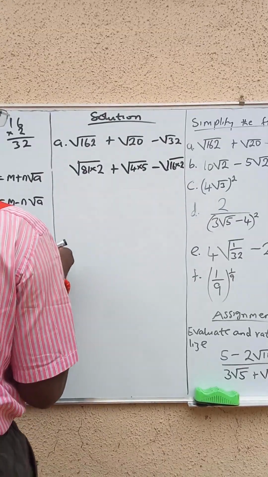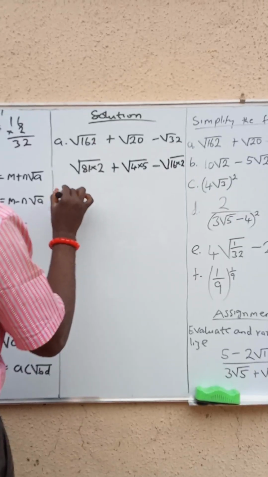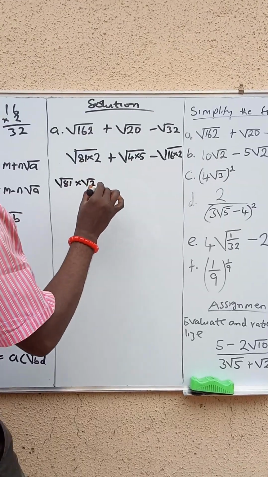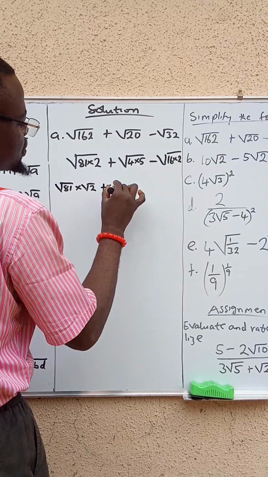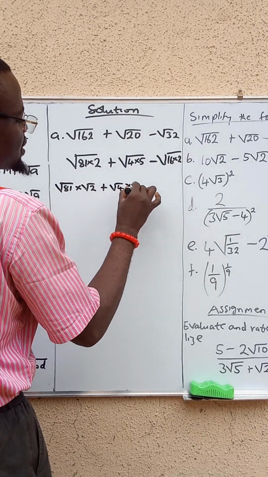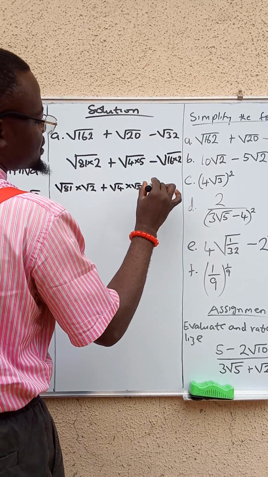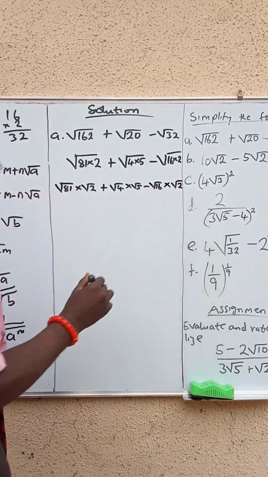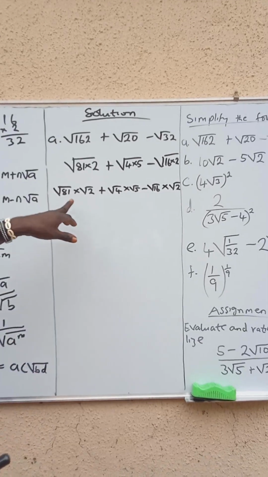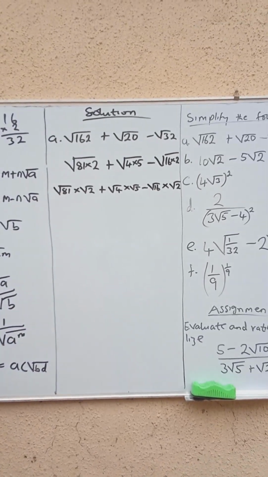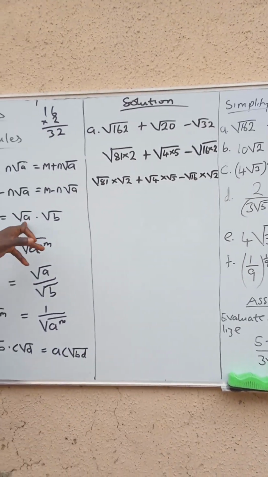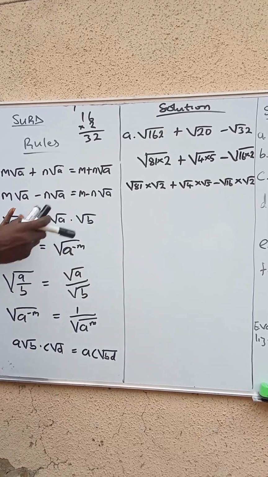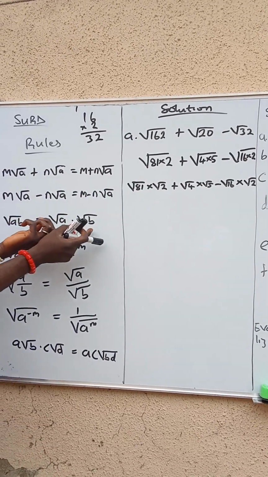Let me start from here: root 81 multiplied by root 2, then plus root 4 multiplied by root 5, minus root 16 multiplied by root 2. You know why I brought them out? Remember, if two things are multiplied by each other in form of root, they can be in this way. So this one is in form of this, so we brought it like this.